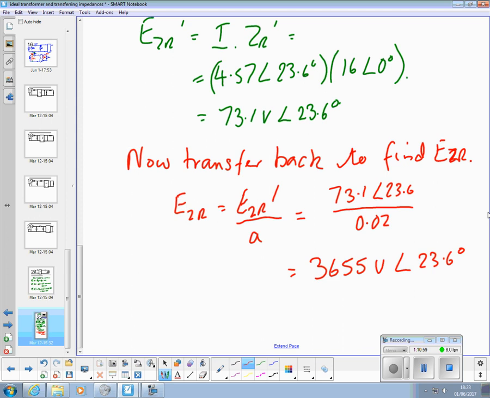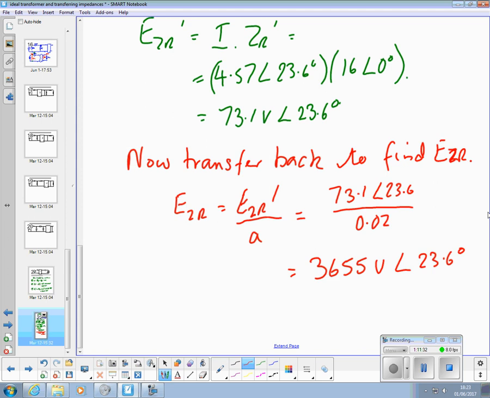All right. So does that look right? We've got a 50-to-1 step-up transformer because the ratio is 1 to 50. You'd expect the voltages on the secondary side to be 50 times bigger than the primary side. So we're putting in 80 volts, right? Multiply that by 50, 4,000.